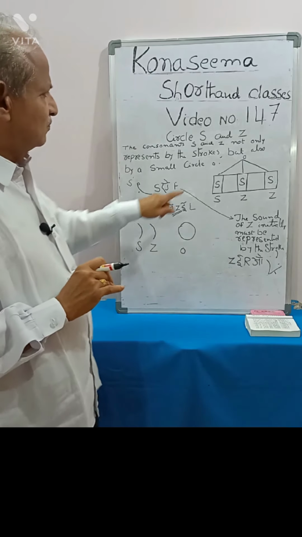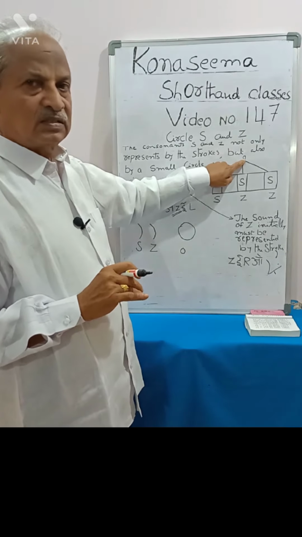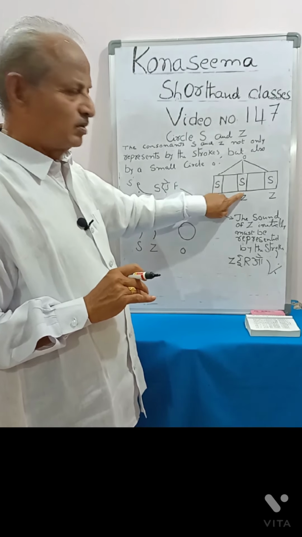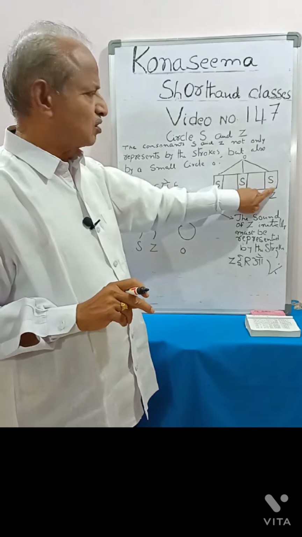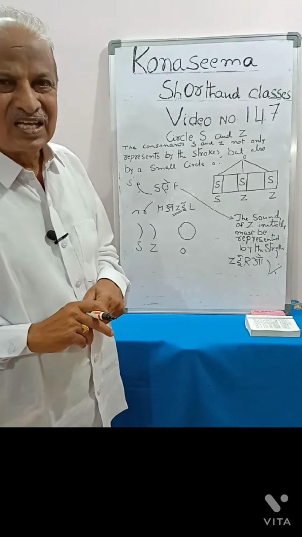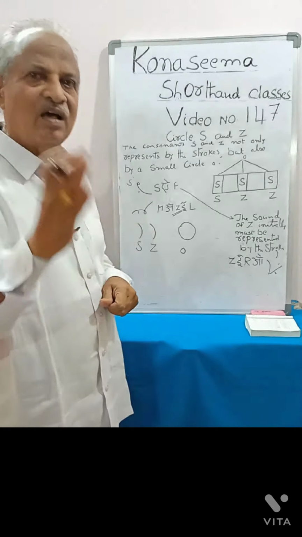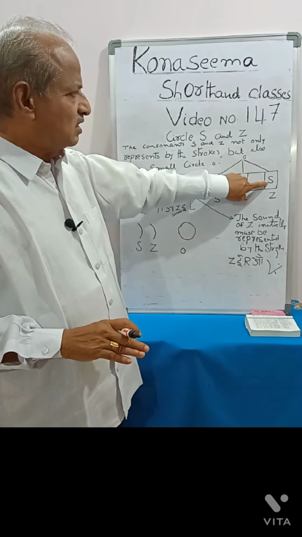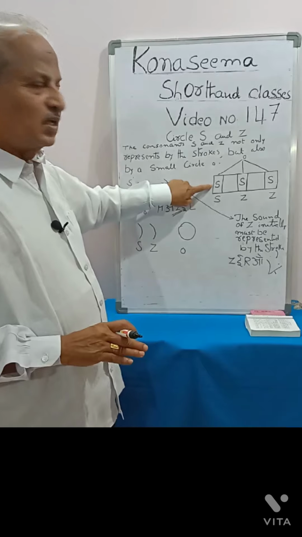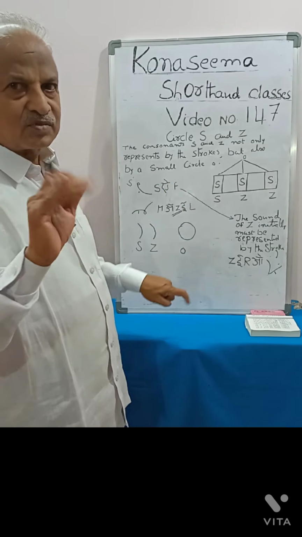But if this circle S is placed in the middle of the stroke and in the second place or the third place, it represents the sound of S or Z. Here only the S sound comes.